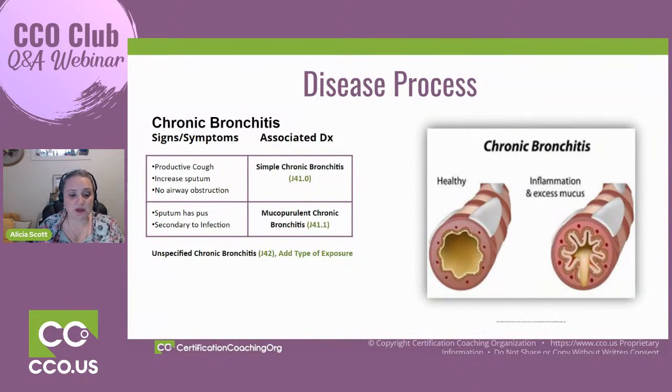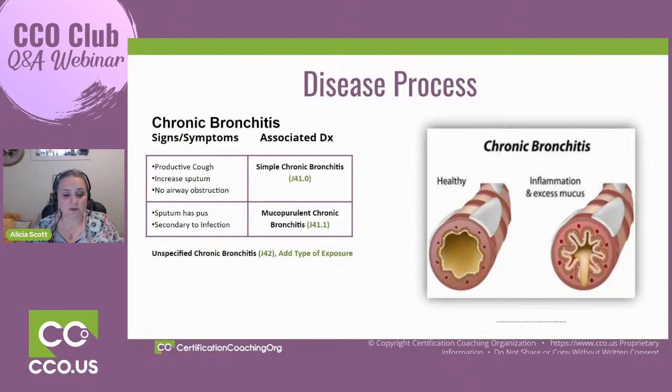But when we move into the mucopurulent, that means that in that sputum, there's actually pus, which would mean some type of infection. And you would identify the infection if you are able to do that, just like we did with the COPD once they've developed an infection and they'll do a culture or something and find out what that is.